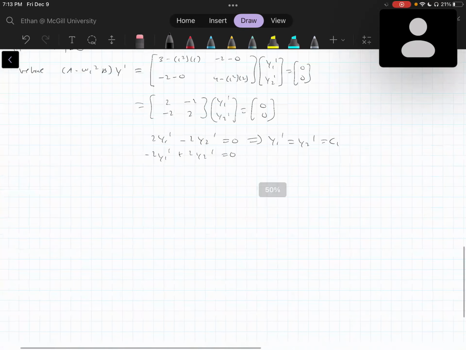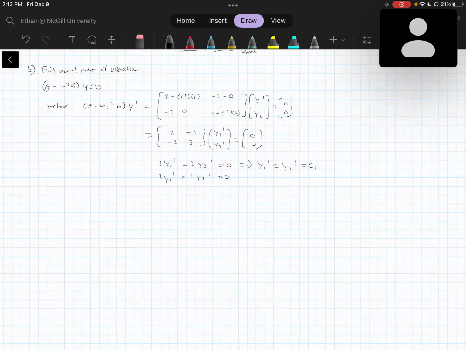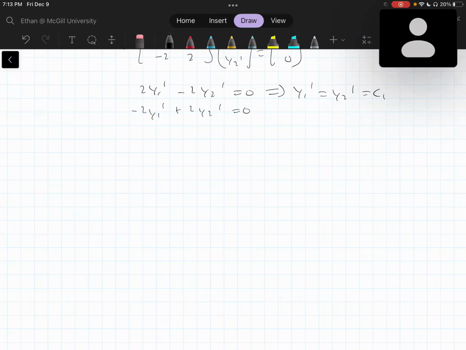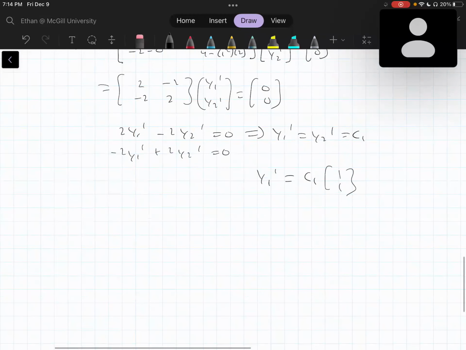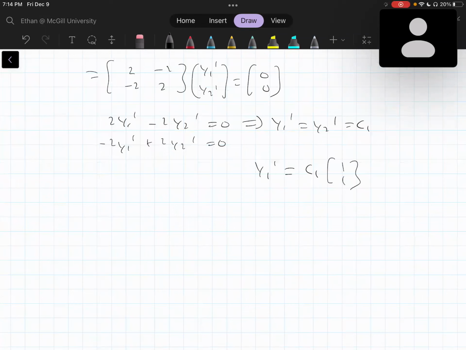This allows us to write our solution for the first mode because we're using omega 1. So the solution for the first mode is going to be y1 is equal to C1 (1, 1). The reason we chose C1 above is that if you have y1 equal to y2 equal to C1, then this equation yields the exact same thing as above.